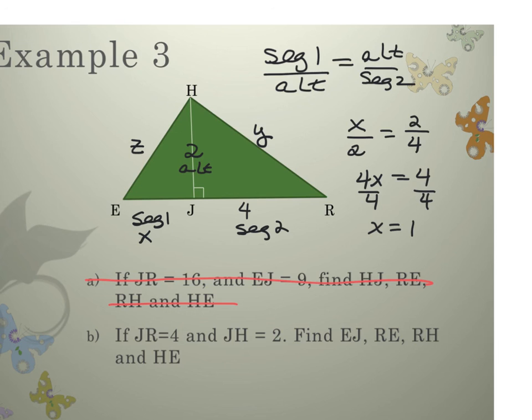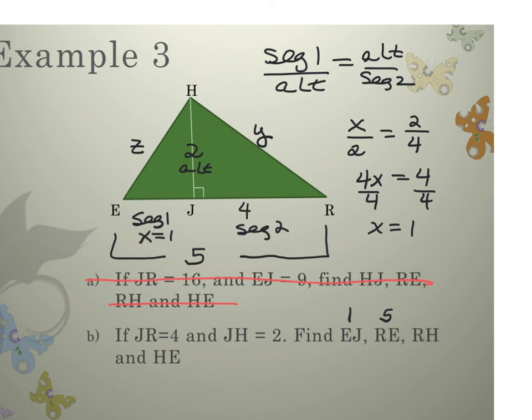This time it wasn't a geometric mean. It's just solving for X. So X is 1, which is EJ, which is the first thing they asked me to find. RE, that's the length of the entire hypotenuse. So I just have to add 4 plus 1, and RE is 5. Everybody good?